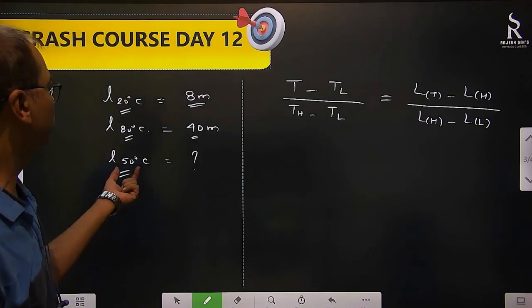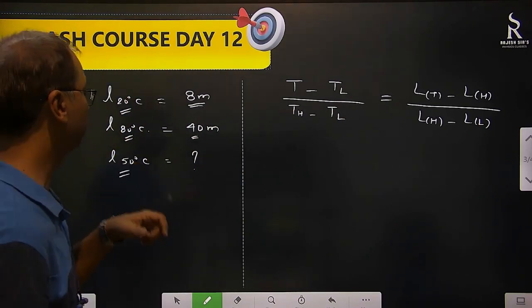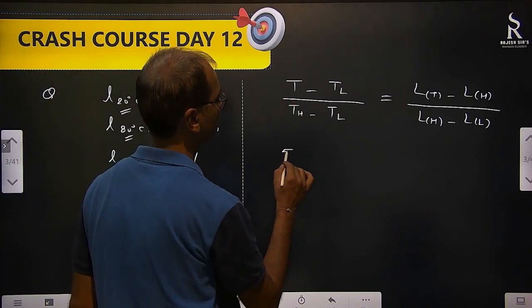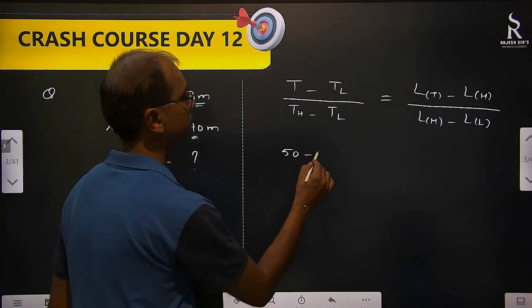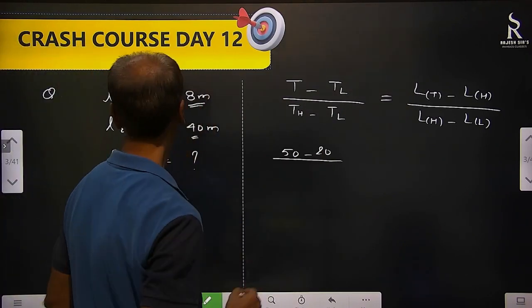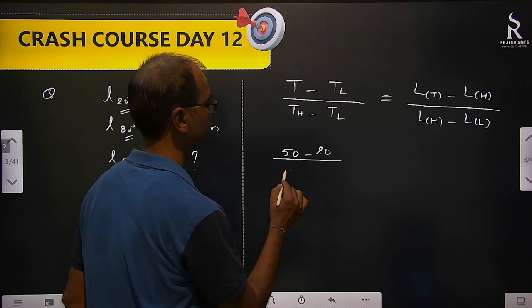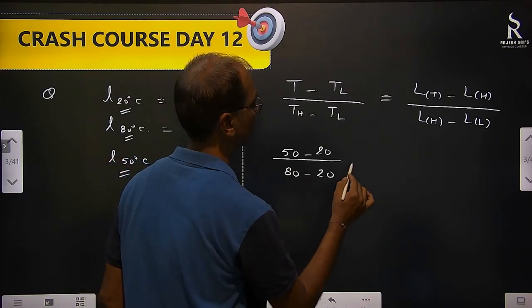So what does he want? He wants the length at 50 degrees centigrade. So this is 50 minus the lower temperature, which is 20, divided by the higher temperature, 80, minus 20.